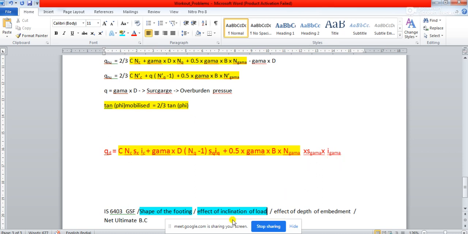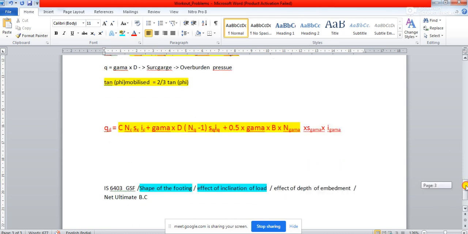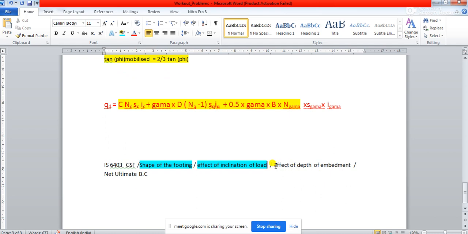So once you have taken the effect of inclination of load, the only part left now is the effect of depth of embedment. If you want to take the effect of depth of embedment, what will you have to do? You will have to introduce another three factors, and that is considered in the code as DC.